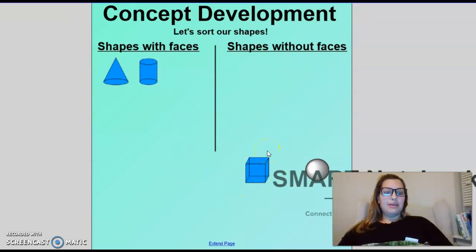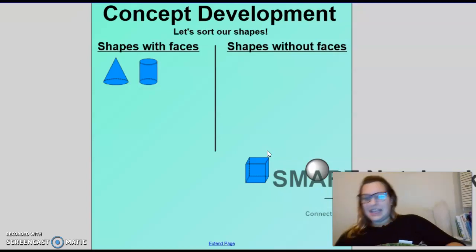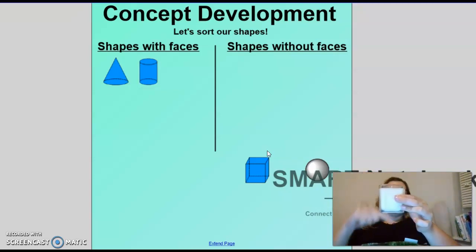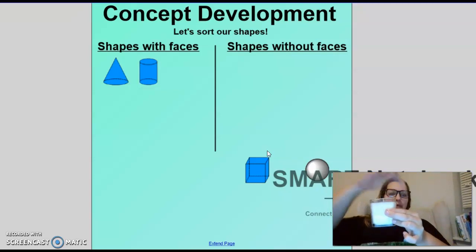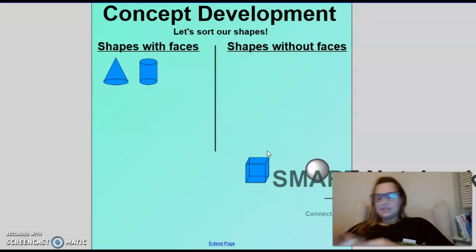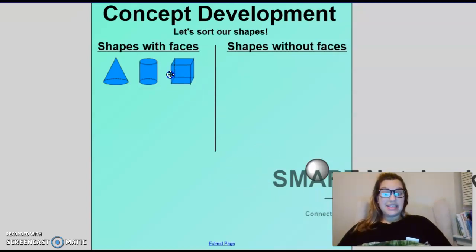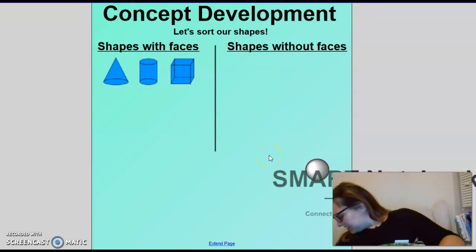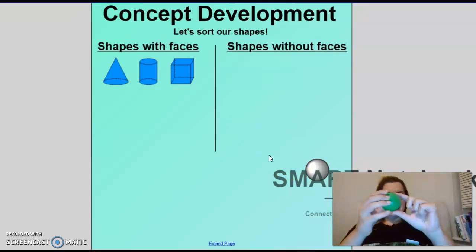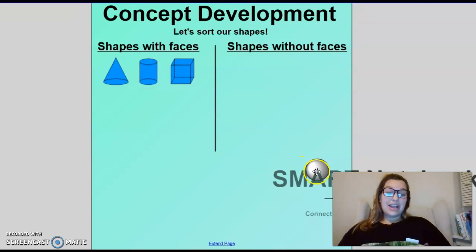Looking at our cube. Now we talked that it does have faces, but does anyone remember how many? Let's count. 1, 2, 3, 4, 5, 6. Great job. 6 squares or 6 faces make a cube. Now, the sphere, does it have any faces? No, a sphere has no faces.